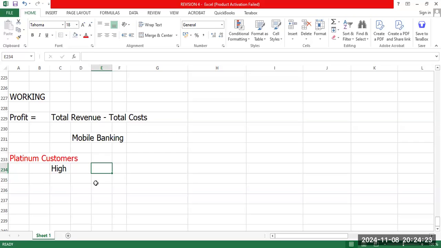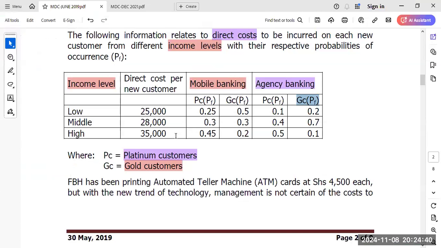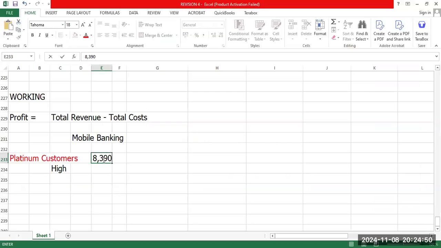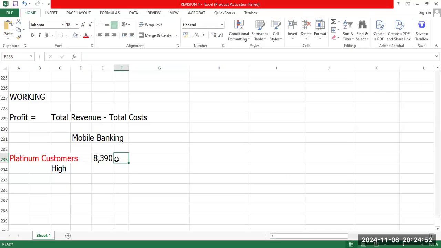Before we start, remember how many platinum customers? We are given the number of platinum customers: 83910. Those are your customers.